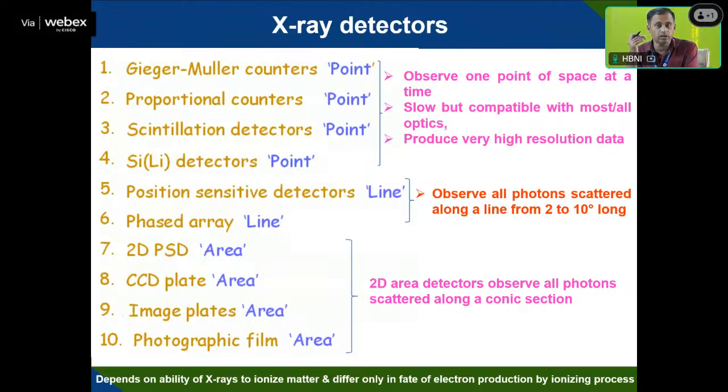If it's a point detector, there are GM counters, proportional counters, scintillation detectors, and silicon lithium semiconductor detectors. In the line case, you have a 2D array detector, but in the case of 2D detectors, where all photons scattered in conical rings are collected, you can use a CCD, an image plate, or a photographic film. It will give much better information about the sample.